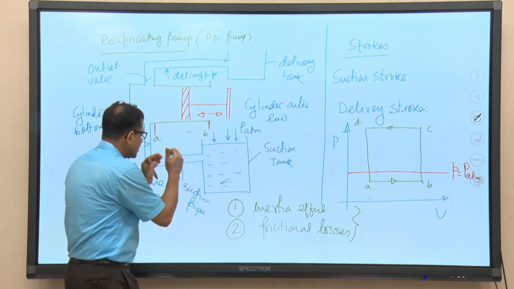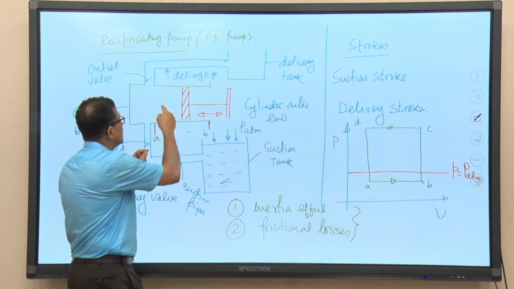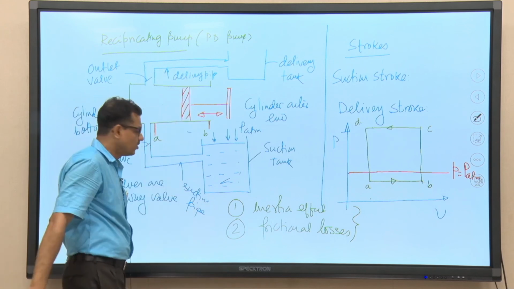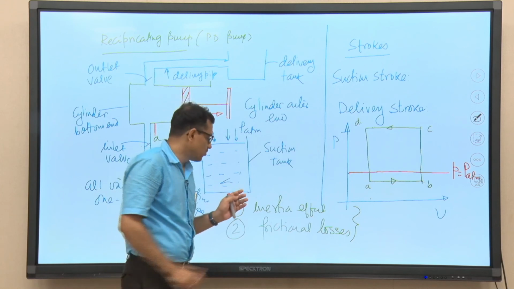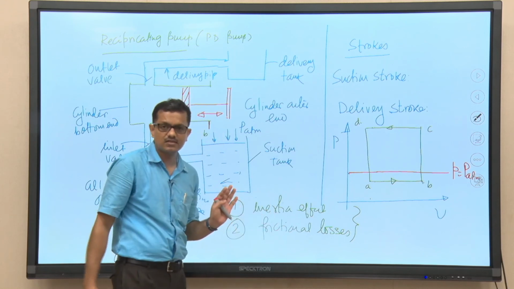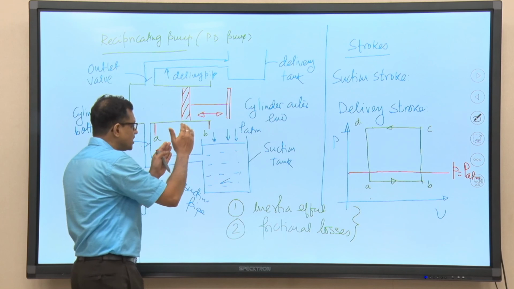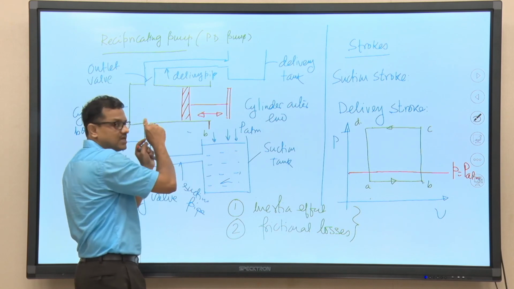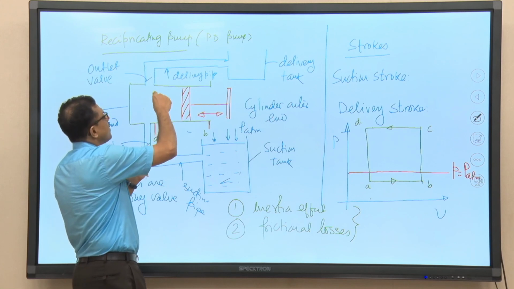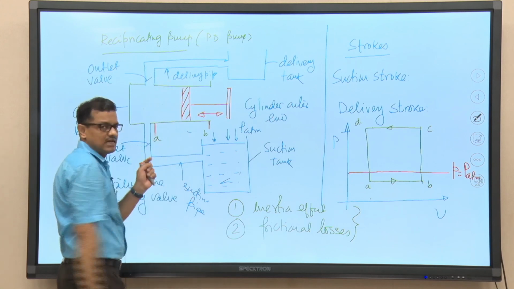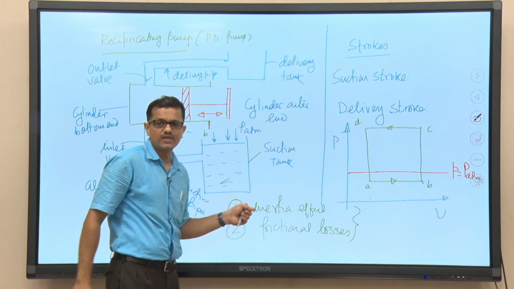Also, when the liquid is moving from the suction tank to the cylinder, or from the cylinder to the delivery tank, should we not consider the frictional losses? We need to consider the frictional losses as the liquid moves from the suction tank to the pump cylinder through the suction pipeline, and also from the pump cylinder to the delivery tank through the delivery pipeline.